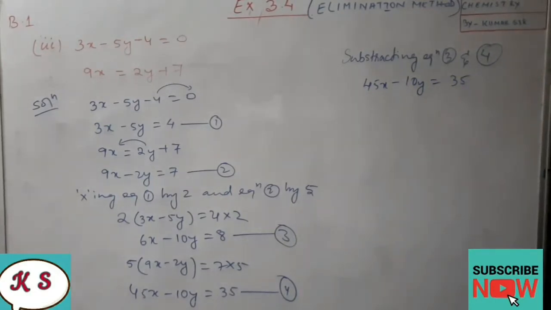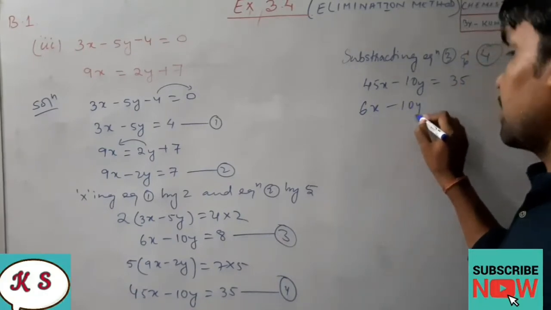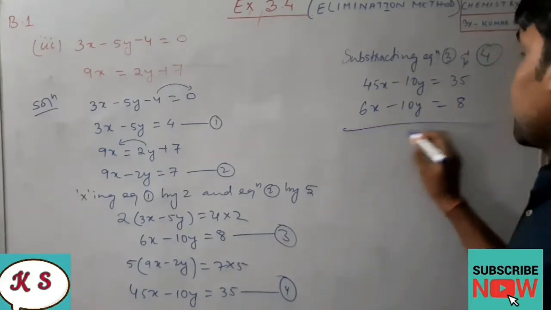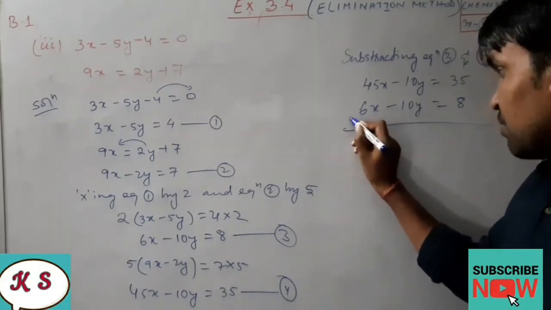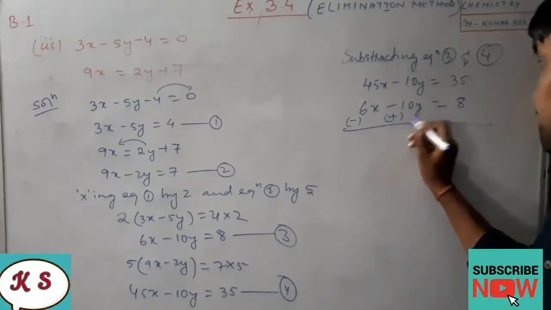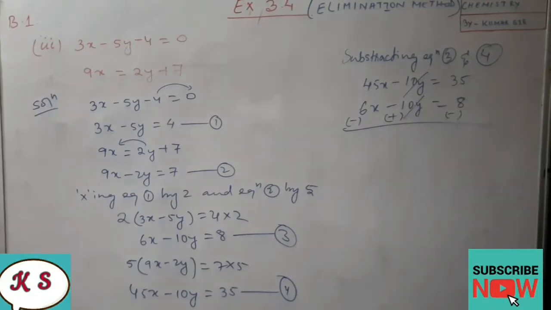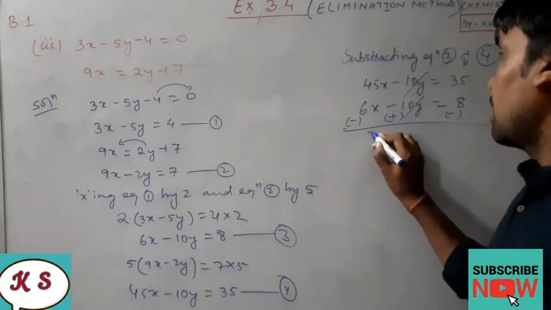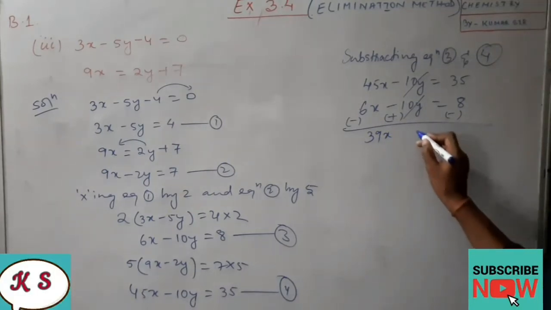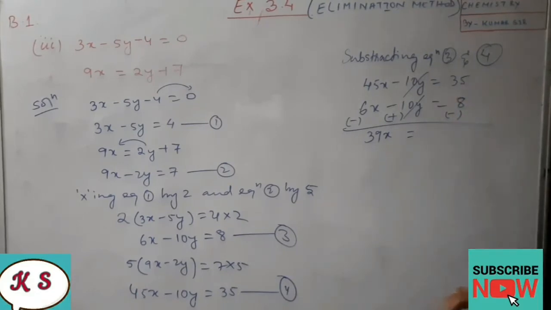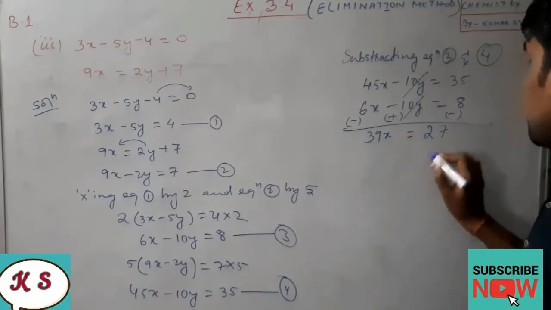So we write 45x minus 10y equal to 35, this is equation number 4, and equation number 3 is 6x minus 10y equal to 8. Subtracting means there will be a change in sign. So the plus becomes minus, the minus becomes plus, and the plus becomes minus. So minus 10y and plus 10y cancel. 45 minus 6 is 39, and 35 minus 8 is 27.